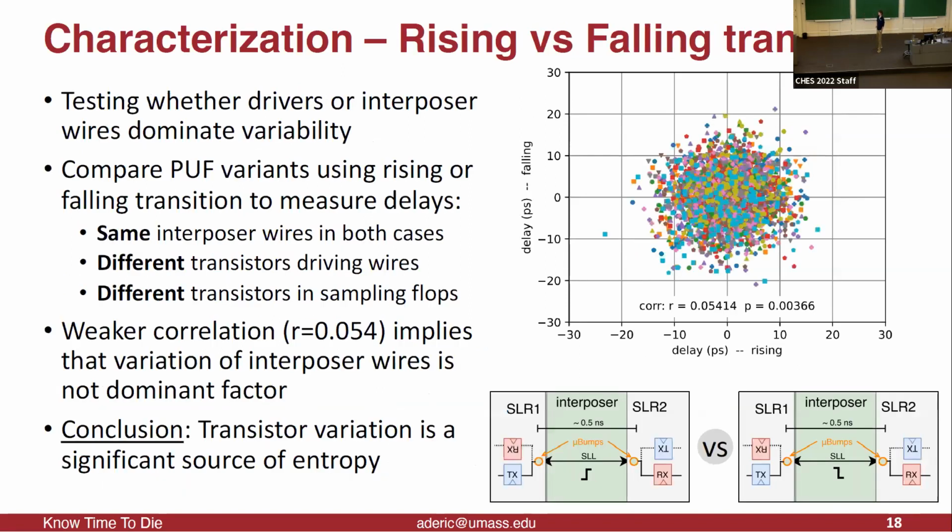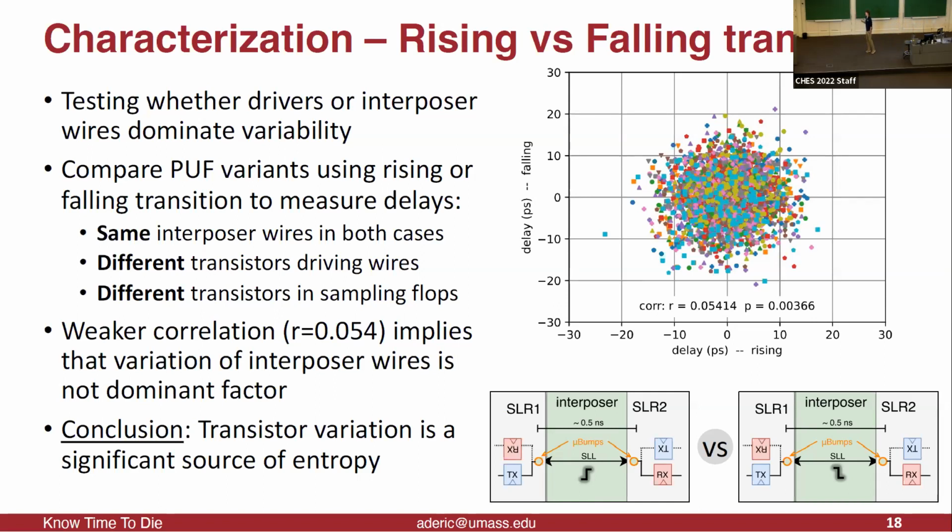So this tells us that the PUF that we have is not that sensitive to the clock. Now we also tried transmitting, like I talked about, we transmit rising edges, right? So we also tried transmitting falling edges. The reason is that when you transmit rising edges and falling edges, you're using different transistors to drive the wire, and you're using different transistors to sample the wire, but the wire stays the same.